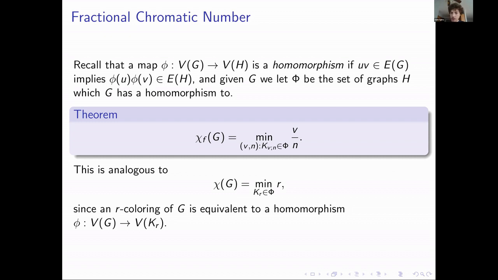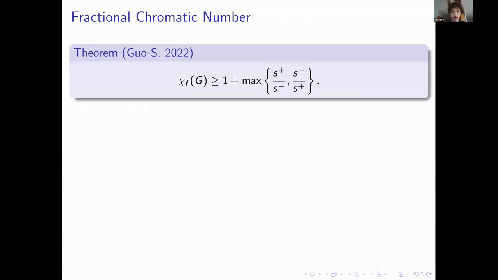So you can think of the chromatic number as the smallest clique which you have a homomorphism to, and analogously, the fractional chromatic number can be thought of as the smallest Kneser graph which you have a homomorphism to, in some sense. So yeah, this is the fractional chromatic number, and this is our result again.